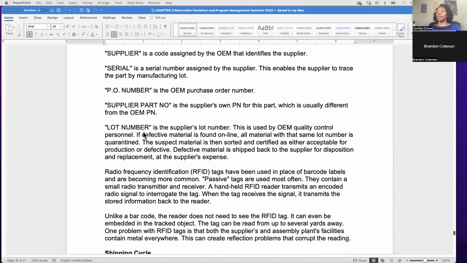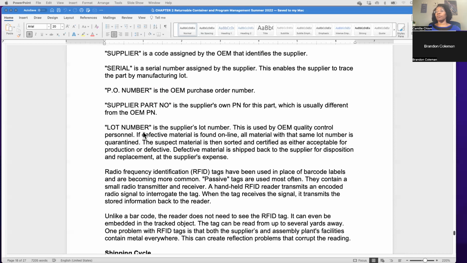The lot number is used if there is an issue with defects for the part. If they have a hole or something, they can go back and find this lot and say, we've had so many defects in this lot, then it's time to inspect. They'll have a rate for defects, and if it's more than that, they'll do an inspection.